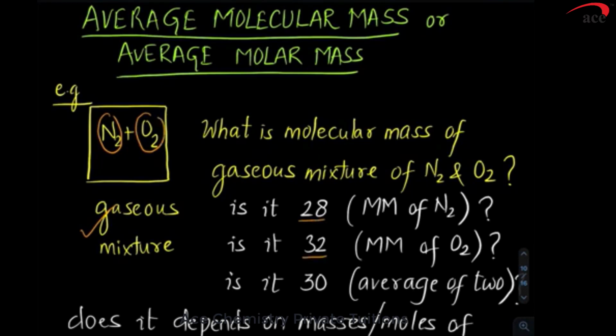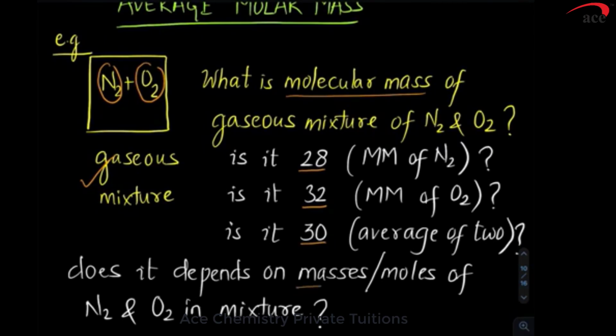We are aware nitrogen's molar mass is 28, oxygen's is 32. Now imagine for such a mixture, if it is asked what is the molecular mass of this mixture, should we report 28 or 32? Or should we report the average of 28 and 32, that is 30?